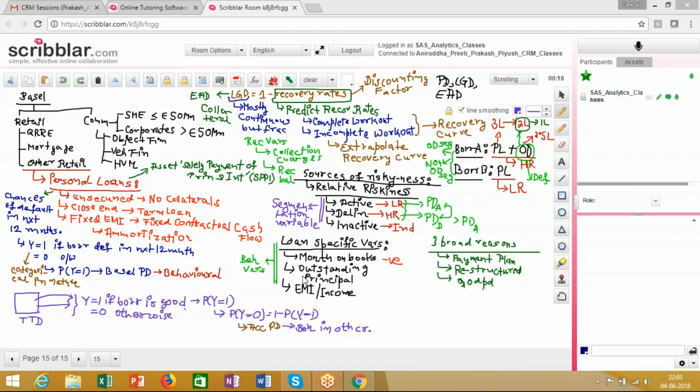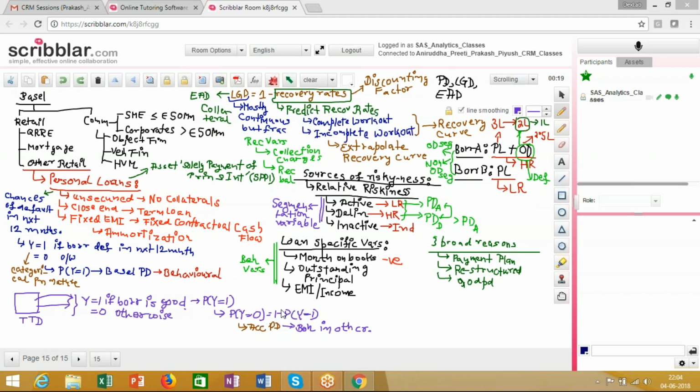So they try to assess the chances that the borrower might default in the next 12 months, and that is solely based on the behavioral variables the borrower has, or the way their behavioral variables behave. However, this acquisition PD has a very important role to play under IFRS 9.